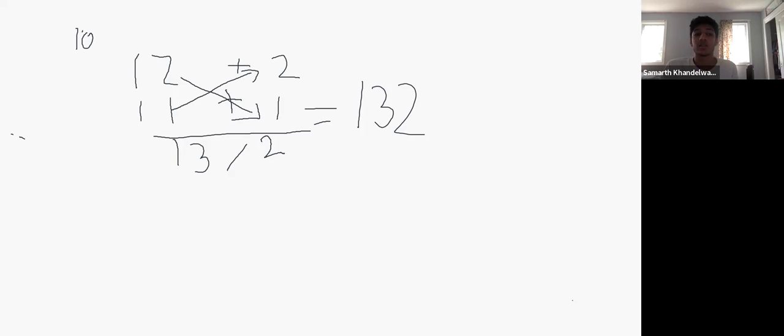Yes, because we are still in base 10, so there's still only one digit allowed on the right-hand side. If I had 13 times 14, 13 would be plus 3 and 14 would be plus 4, and that would be 12 here. You would still need to carry the 1 because it is base 10, and you cannot have 2 digits here. You understand?